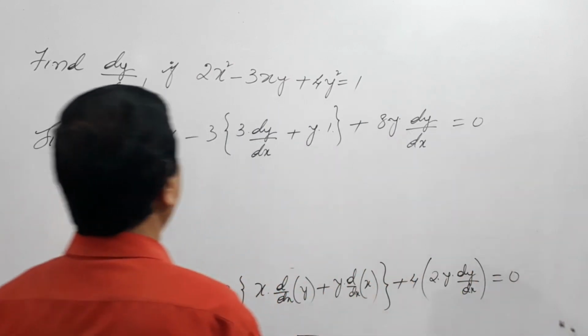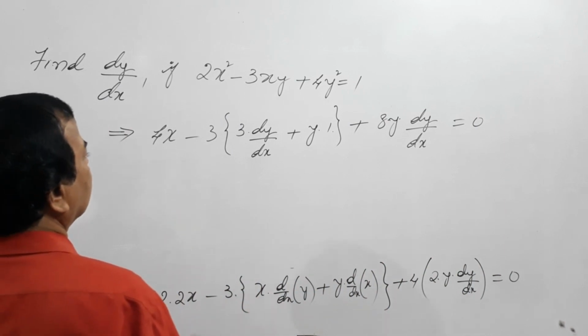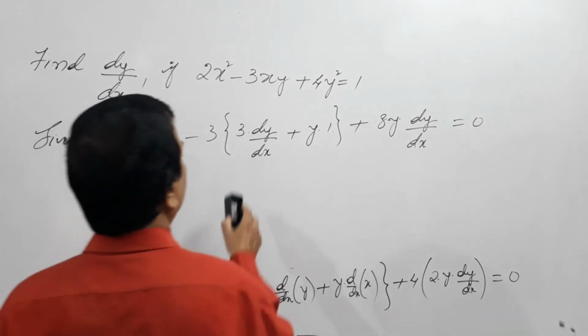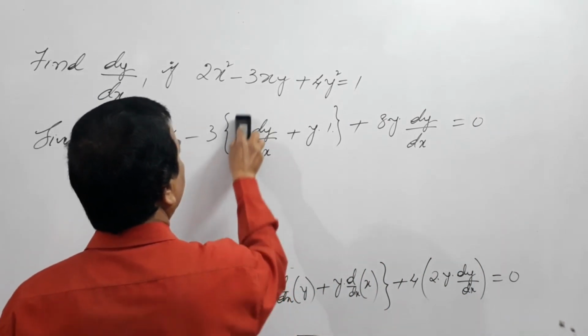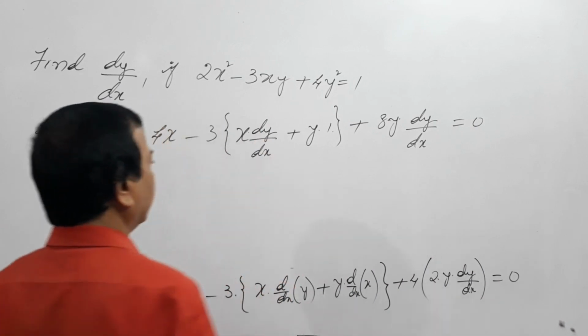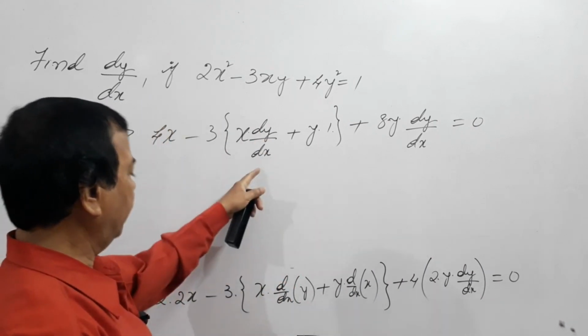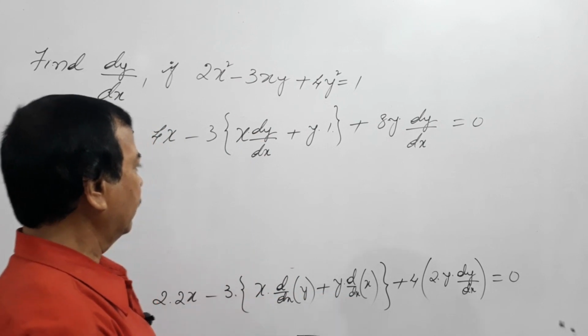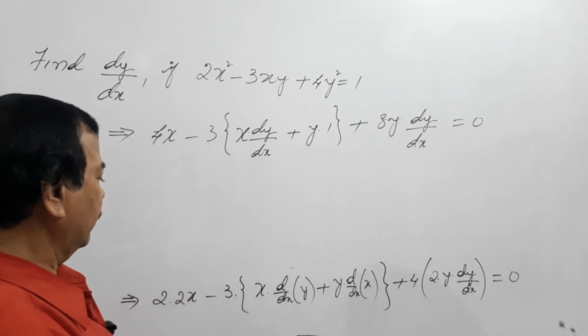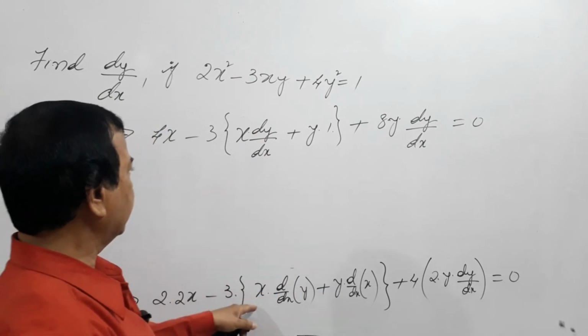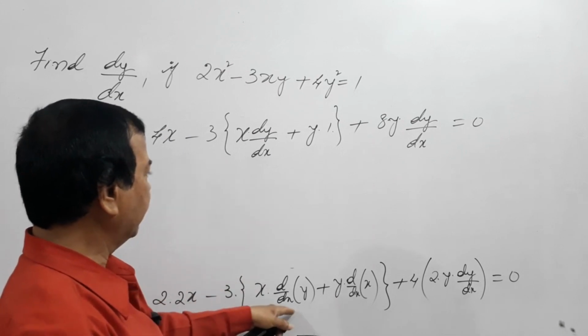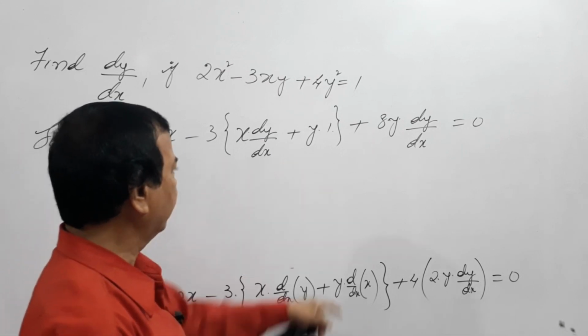So let's simplify this. So no 3 here, I have already taken 3 here, sorry. x into dy by dx plus, yeah, x as it is. So we have kept dy by dx, dy by dx plus y.